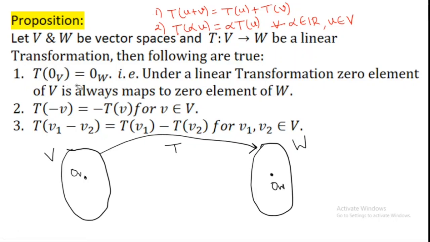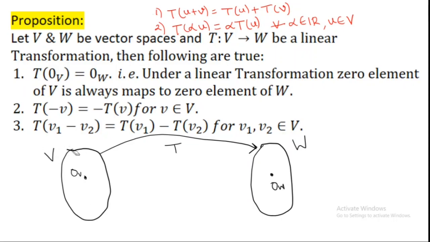Now what is this? First result is saying that 0 of our domain is always mapped to 0 of codomain. Now note, since this V and W are vector spaces, so naturally they are going to contain 0 elements. So for the 0 of our vector space V, I have used this notation, that is 0 of V, and for the 0 of W, I have used this notation. Now if you draw a Venn diagram, what is the meaning of this?